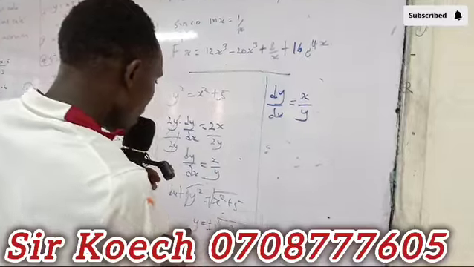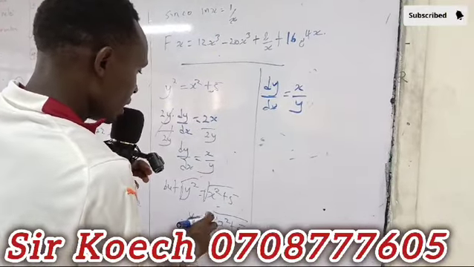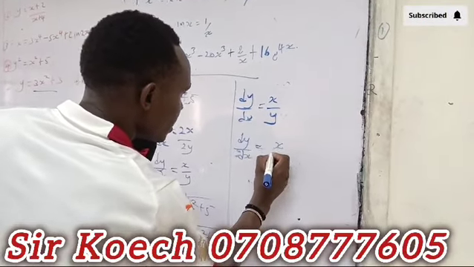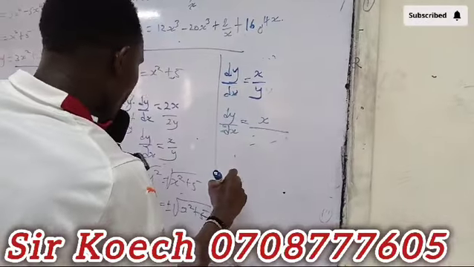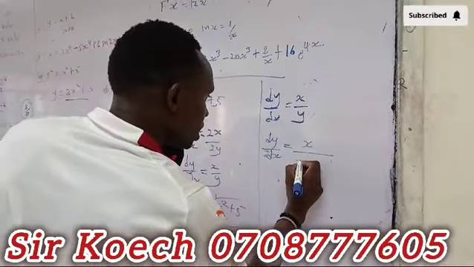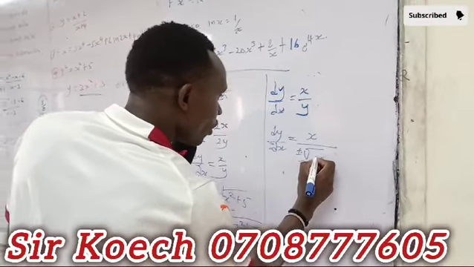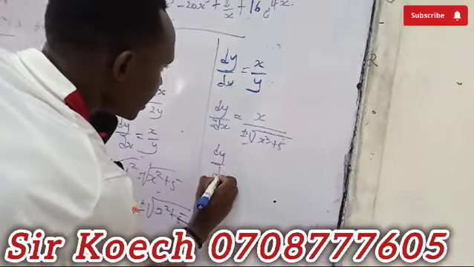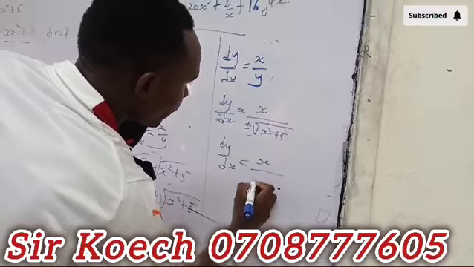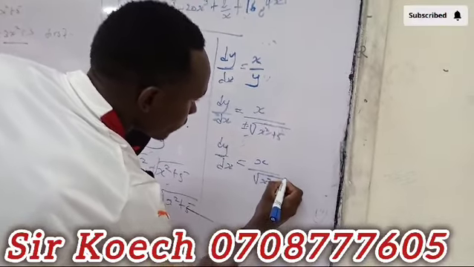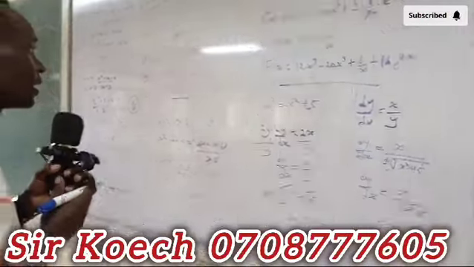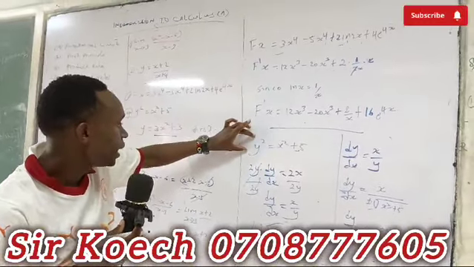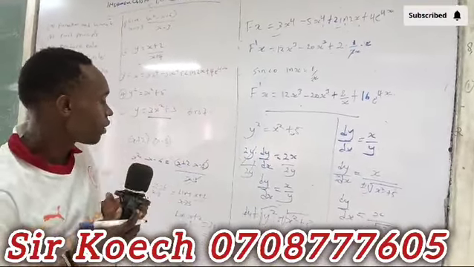Taking y as the root of x squared plus 5, as my final answer, dy over dx is equal to x over the root of x squared plus 5. So this is the implicit differentiation. In implicit differentiation, when you are differentiating the value of y, remember to multiply by dy over dx.